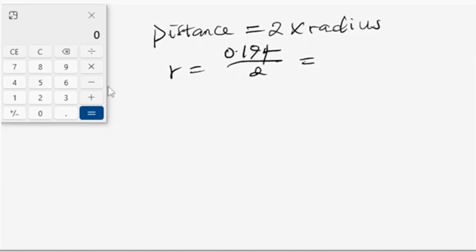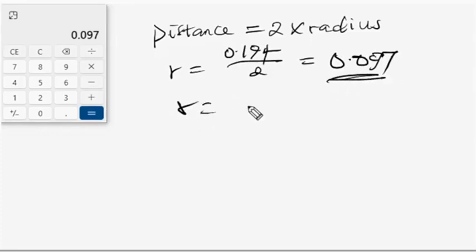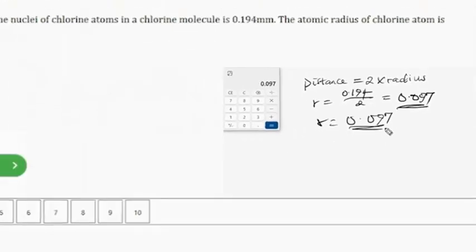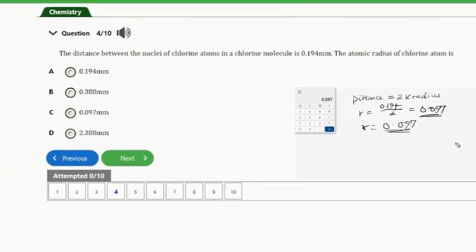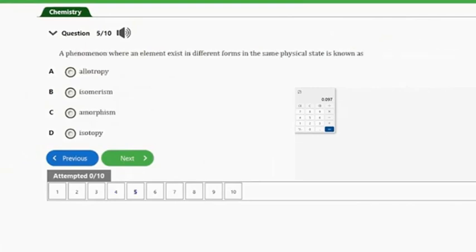Let's check this on our calculator: 0.194 over 2, and that's 0.097. So R, or the radius, is 0.097, and that's option C. That's the answer to this question. So let's go ahead and wipe this, and then let's consider the next question.